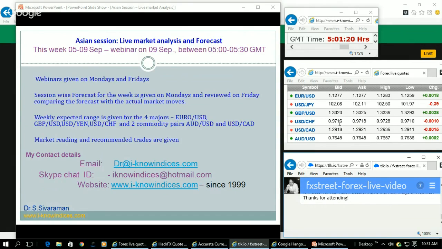In the case of CHF also, they made the slide from 98 to 97, 96.50 area. In the case of Canadian dollar, from 1.30 they dropped to 1.28 and then came to the middle level. The Australian dollar gained up to 0.77 and then started making the slide.